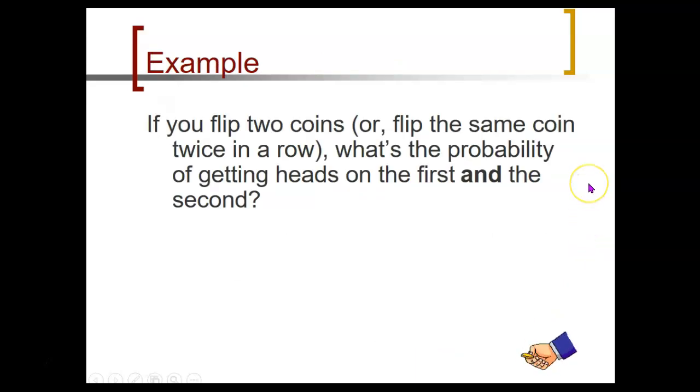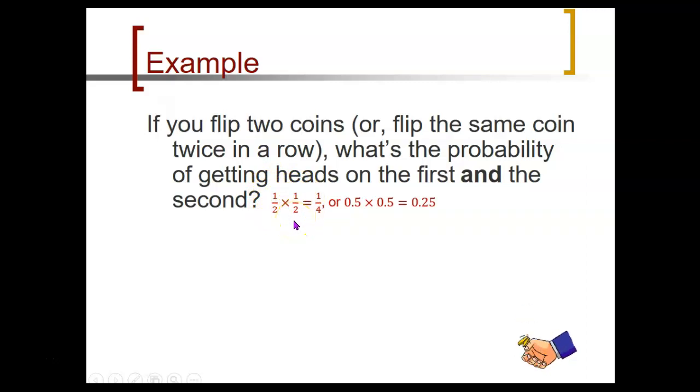So for example, if you flip two coins, or you just flip the same coin 2 times in a row, what's the probability of getting heads on the first and the second coin flip? Notice it's an and question. The probability of both coins coming up heads would be the probability of getting heads on the first coin flip times the probability of getting heads on the second coin flip.